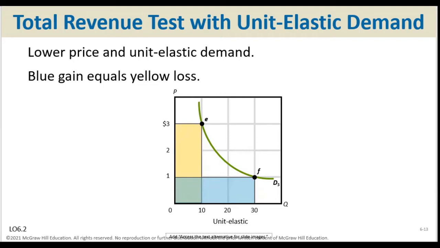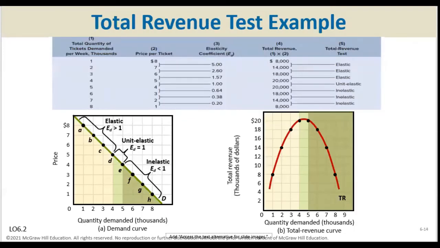Okay. Now let's put both together and see this example by looking at the demand curve and also the total revenue curve. If you notice here, in the higher price section of the demand curve, the demand is very elastic. People are sensitive to it.